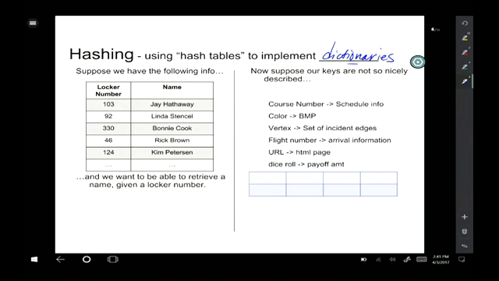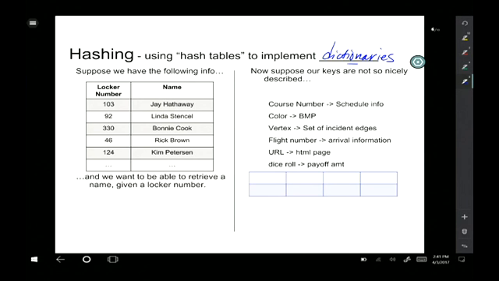So when people say use a hash table, they're probably meaning use a dictionary implemented in a particular way, not just the implementation. So there's sometimes some confusion, and there's more confusion on the next slide, which I'll tell you about in a second.